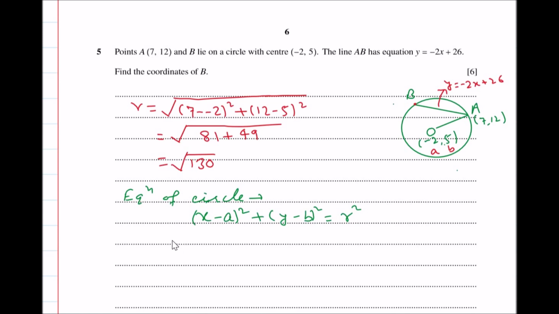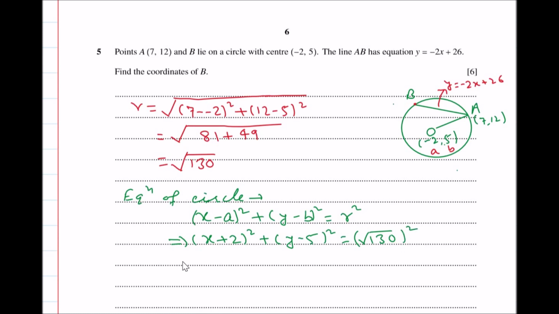So we get x minus negative 2, that becomes x plus 2, whole square, plus y minus b, so b value is 5, so y minus 5 whole square, and r value is root 130, and we have to square this.